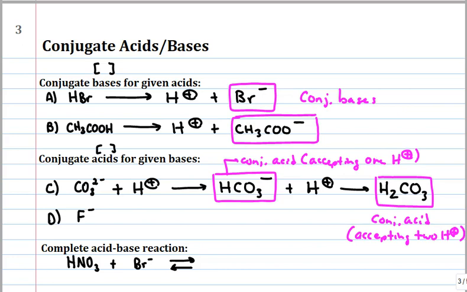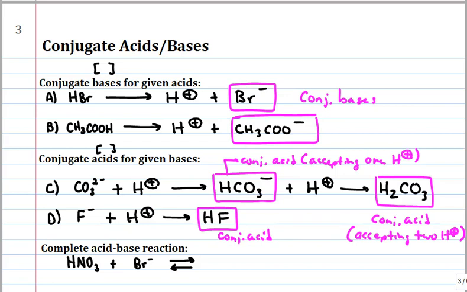Now F-, how many H pluses can it pick up? Well, it's probably just going to pick up 1 because it's only got 1 negative charge. There we go. F- plus a hydrogen ion yields HF. And then this would be just called the conjugate acid.